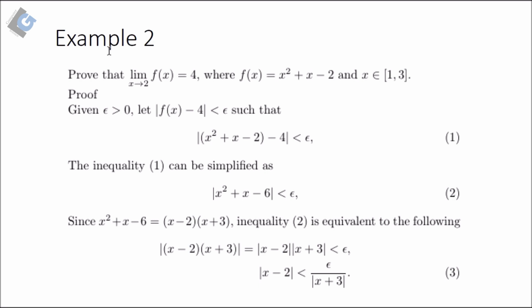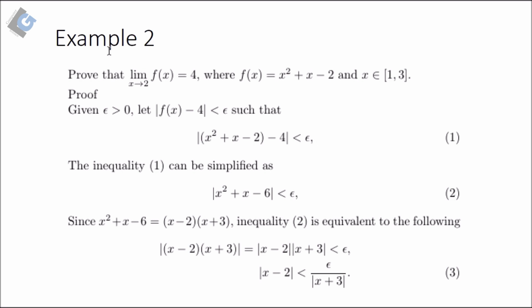Okay, so first step, for a given positive epsilon, we assume the absolute value of f(x) minus 4 is less than epsilon, such that the absolute value of x squared plus x minus 2 minus 4 is less than epsilon. So inequality 1 can be simplified as the absolute value of x squared plus x minus 6 is less than epsilon.